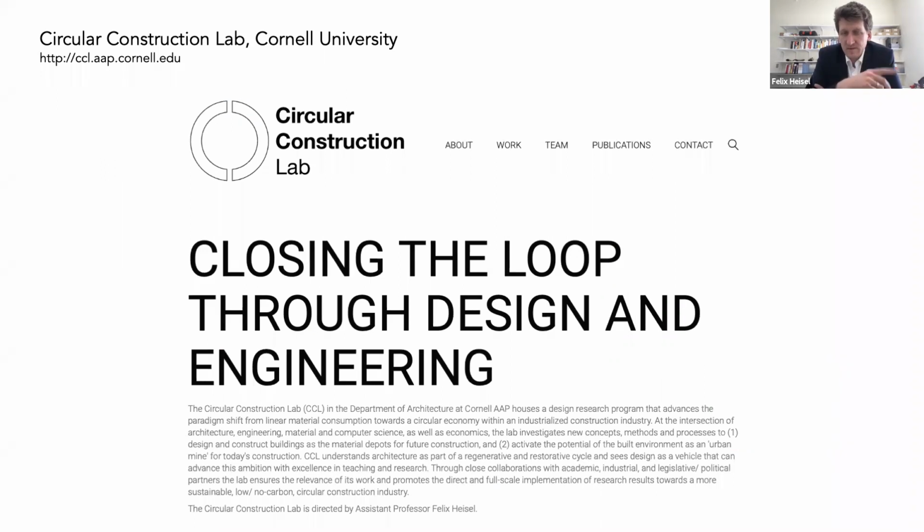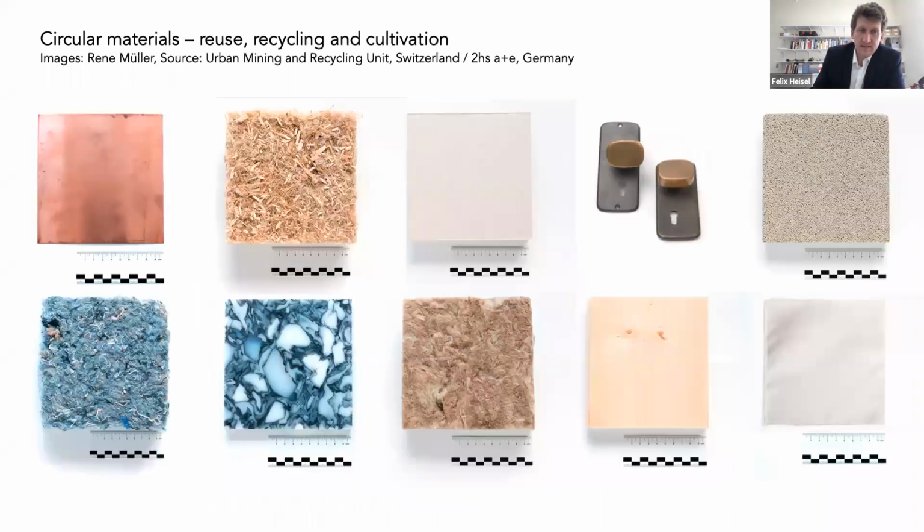And what can we do with everything that is out there? How can we activate the potential of the built environment as an anthropogenic or as an urban mine? This includes looking at circular materials that can be reused or recycled or cultivated, what we're talking about today.